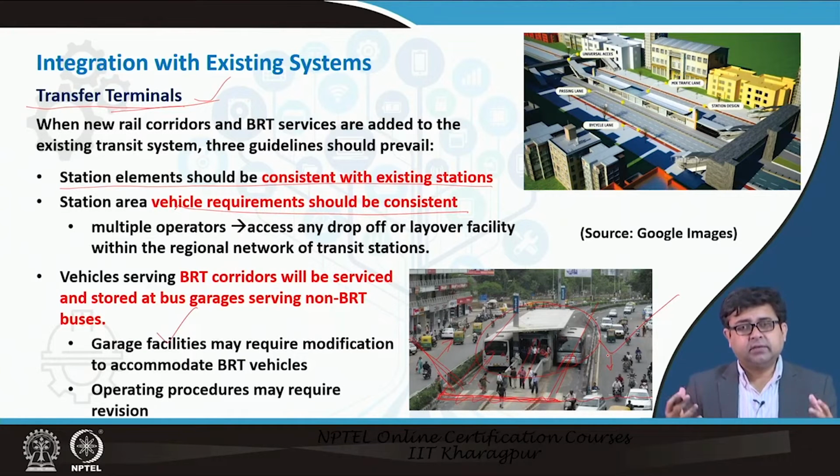Facilitate meaning you have to have bus bays that are long enough for these buses to park. So, when you are designing these things, do not just design a different garage for the buses that are going to run on the BRT corridor. Maybe retrofit the existing bus garage so that it can be used now for different types of buses.